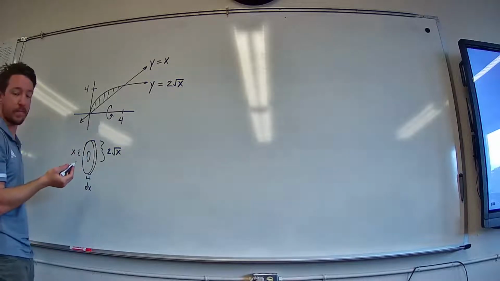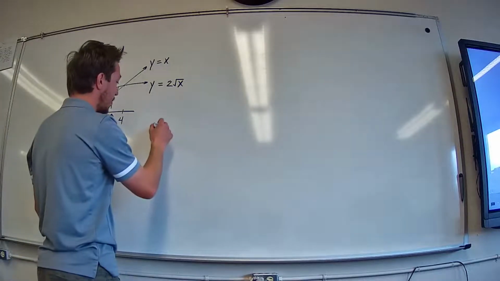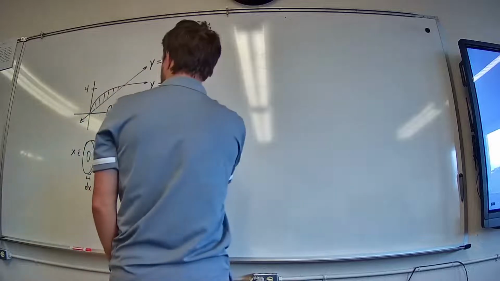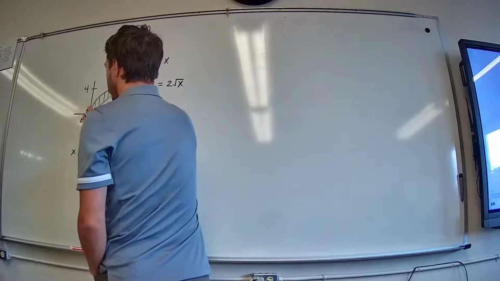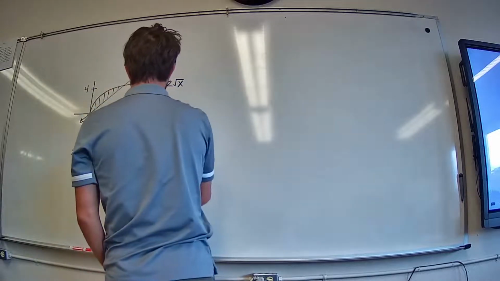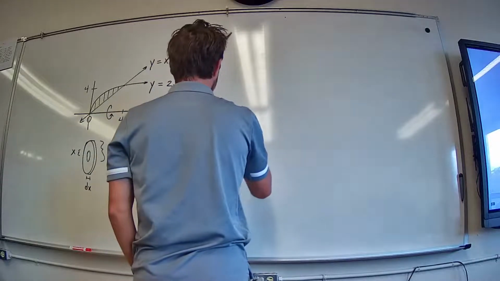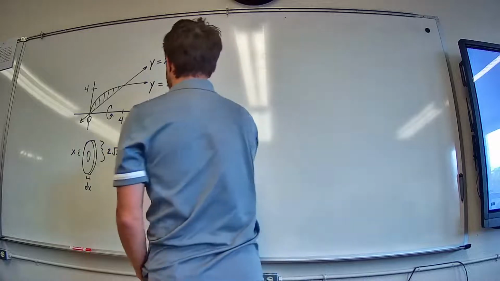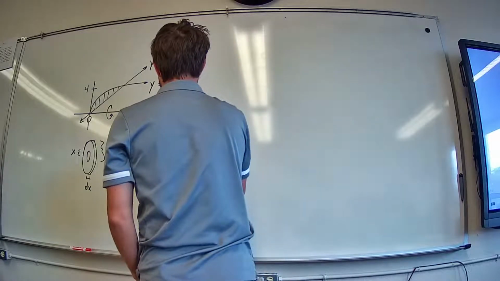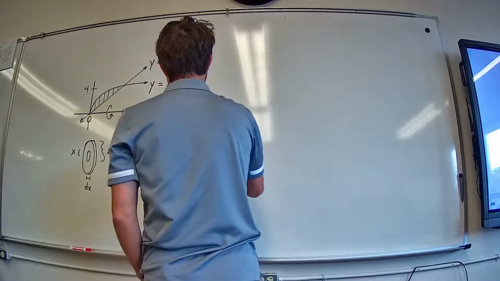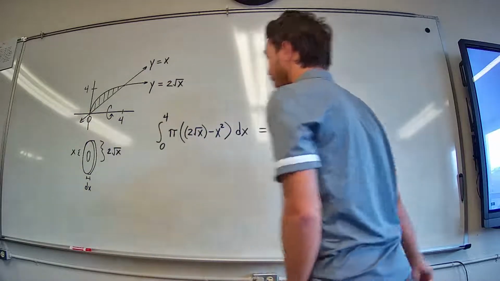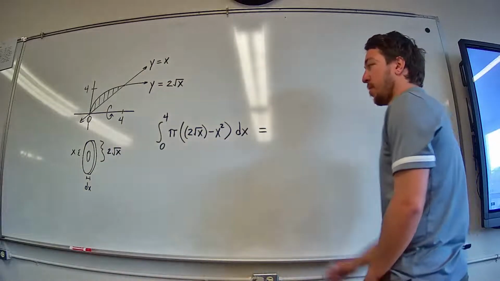So the volume is the integral from 0 to 4 of pi times big radius squared minus little radius squared. We're still feeling fine about that?